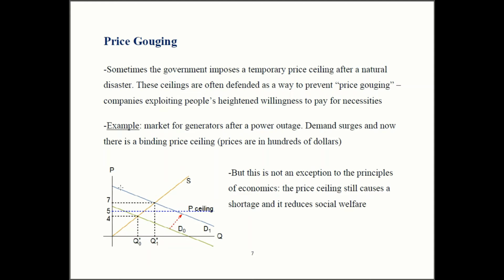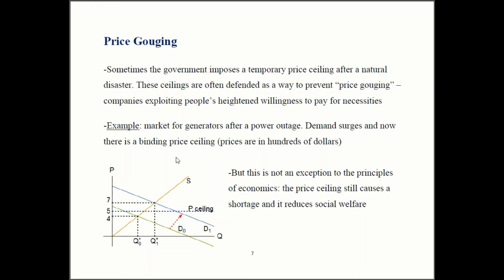Now, if there were no price controls, that surge in demand would create a big increase in prices. Prices would jump from 4 all the way up to 7. Well, of course, a generator in real life costs more than $4 or even more than $7. Let's say prices are in hundreds. So this is 400 and that's 700.